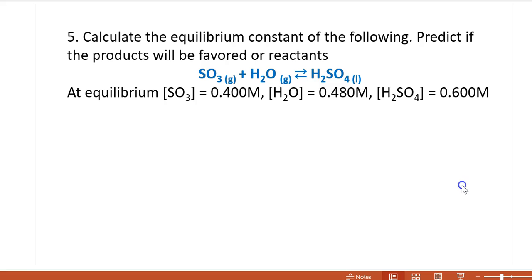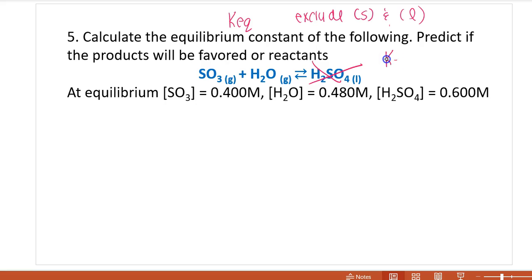All right, number 5, calculate the equilibrium constant, which is just KEQ. And then we're going to predict whether reactants or products will be favored. First, whenever we are doing KEQ, remember that we always exclude pure solids and pure liquids.